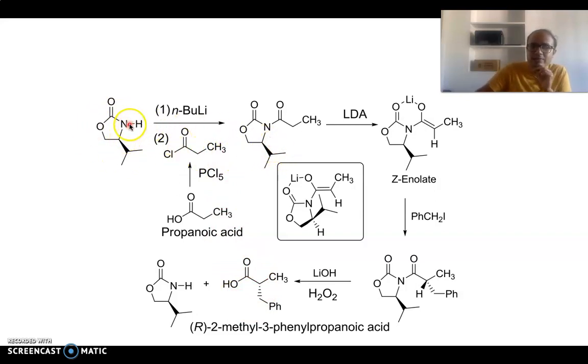Okay, so basically how it is attached, we treat it with n-butyl lithium, a base is generated and the base will attack here. You have movement of electrons. When it gets back to it, you have the attachment of this chiral auxiliary.